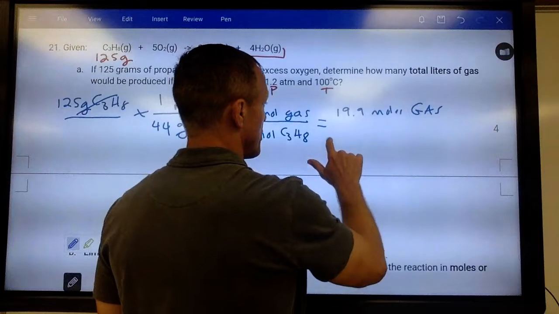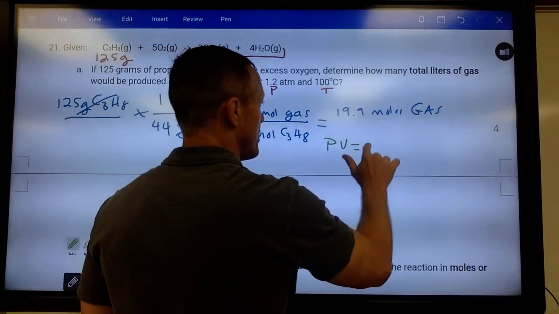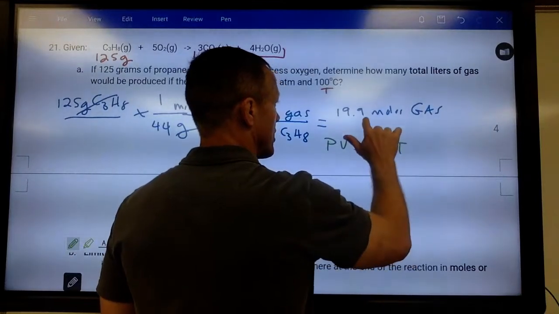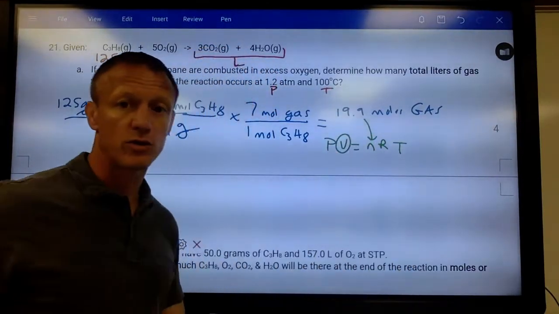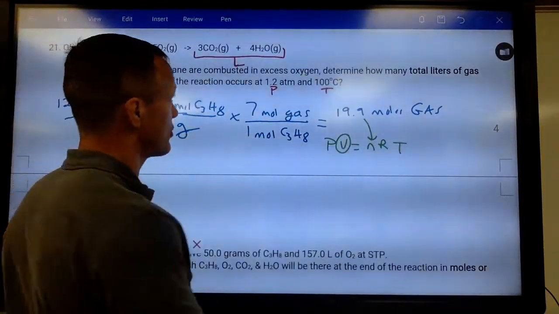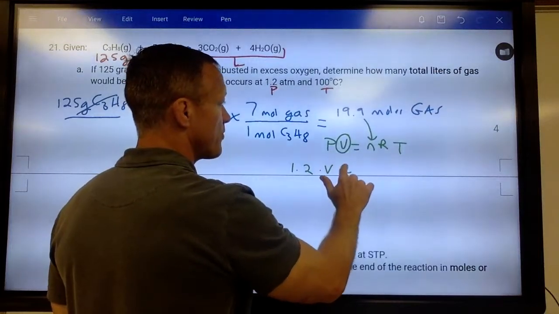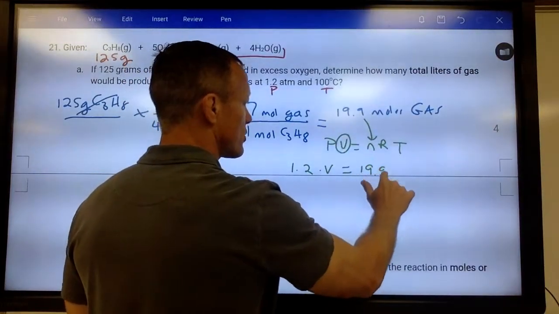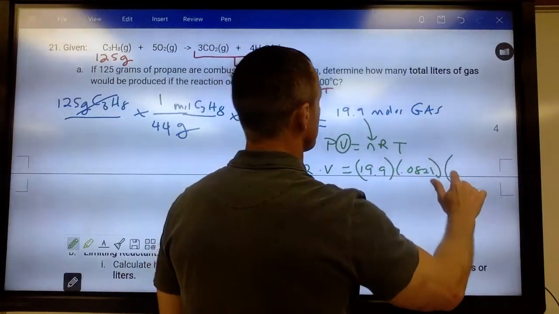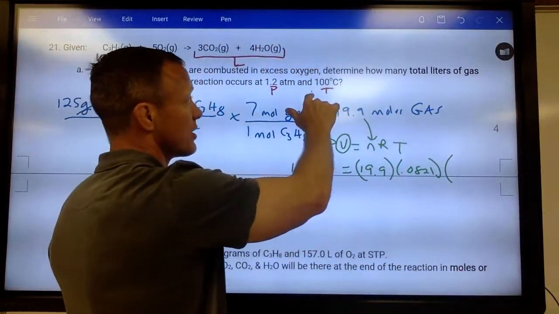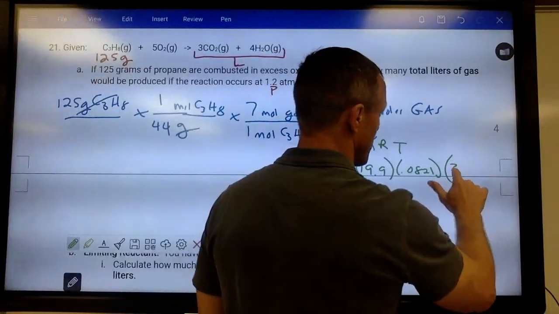So now I'm going to take those moles and plug them into PV = nRT and solve for the volume. Pressure is 1.2 atmospheres, solving for V, 19.9 moles. R is always 0.0821. Temperature has to be in Kelvin, so plus 273 means 373 Kelvin.